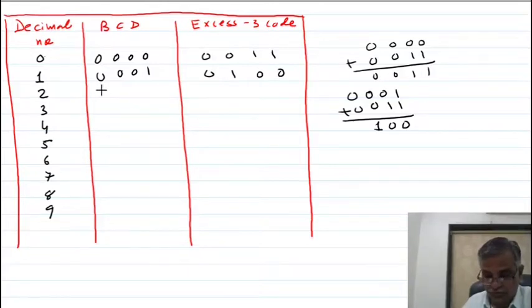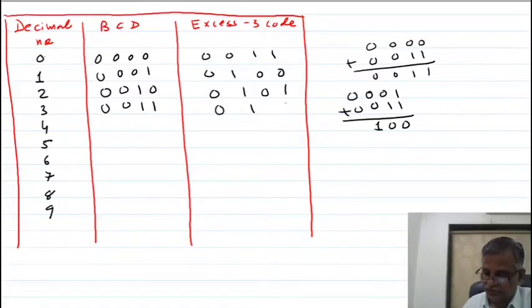So for 2, I have to add like this: 0010 plus 0011 gives 0101. For 3, 0011 plus 0011 gives 0110. For 4, 0100 is BCD, and the corresponding XS3 code is 0111.